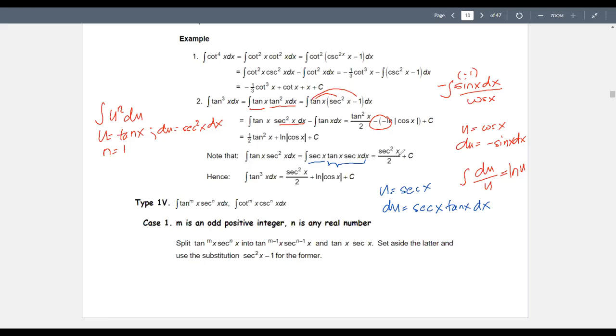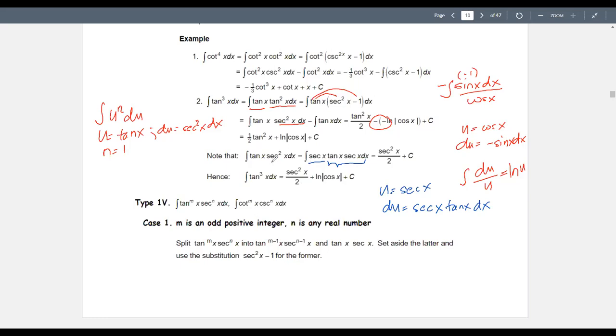If that is the case, you can have the integral of tangent cubed of x dx equal to secant squared of x divided by 2 plus ln cosine x plus c. So in this case, you have two possible answers.